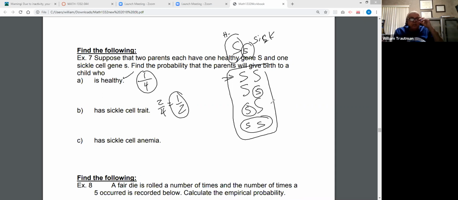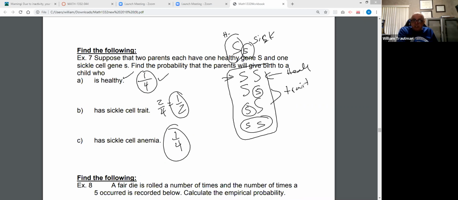When you get the bad trait from your mother and the bad trait from your father, that means you have sickle cell anemia, and there's only 1 out of 4 there. So these are healthy. These two have the trait because they just have the small one, and with the 2 small ones, you're sick. You have the sickle cell anemia.